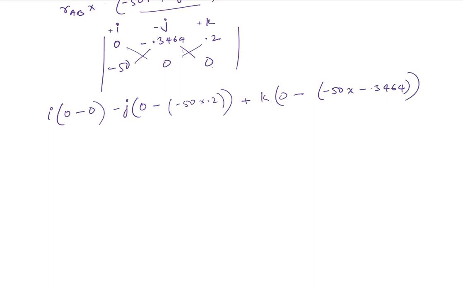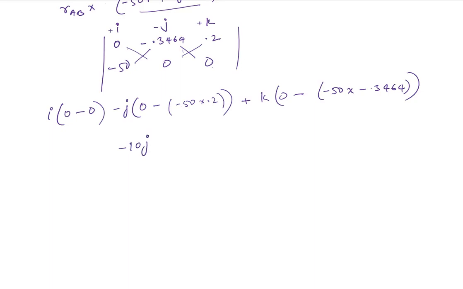So when you do all of that, the i is gone, for j the negative and negative becomes positive, and 50 times 0.2 is 10, so that is 10j.